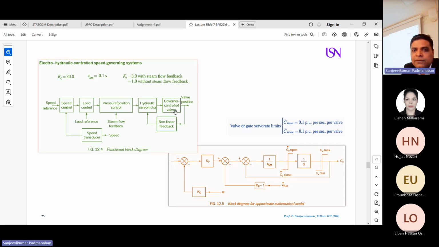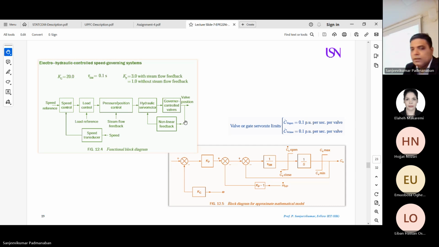Then it is given to the governor controlled valve. This is a valve where we open and close your hydraulic power tank with a non-linear feedback. So this system is non-linear. That's why we give a feedback and it is controlled. So this is the complete closed loop system, how we are controlling our electro-hydraulic mechanism of your speed governing system.